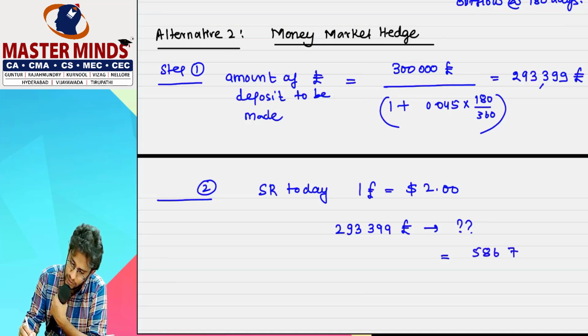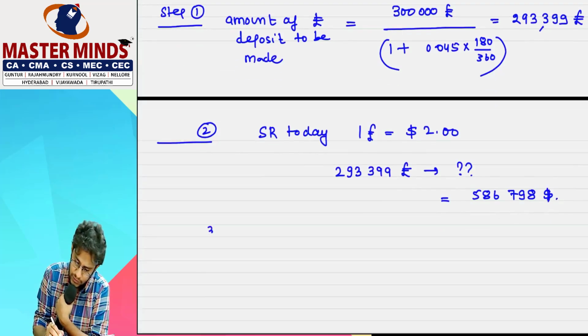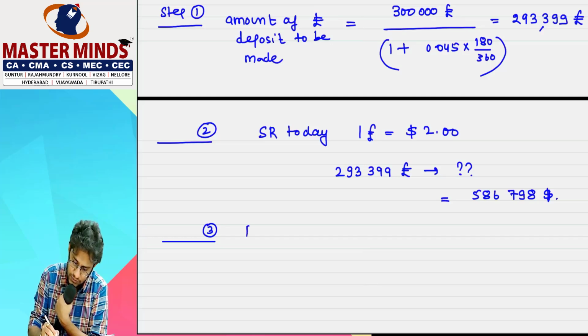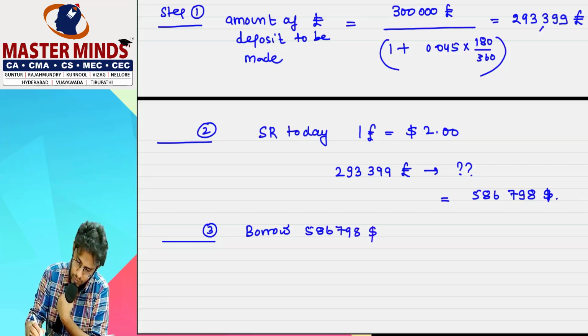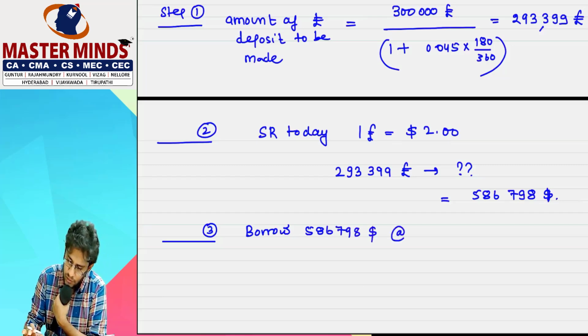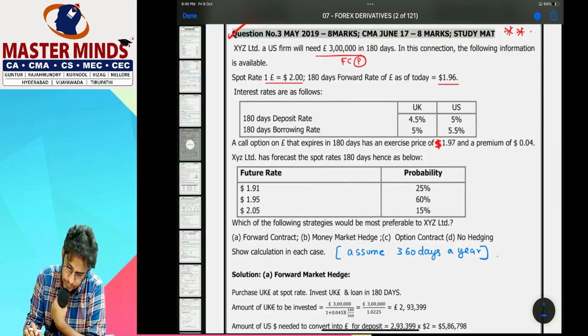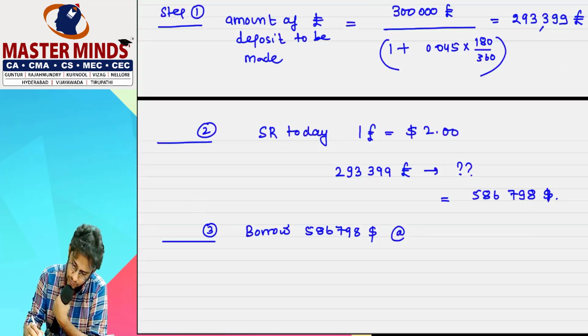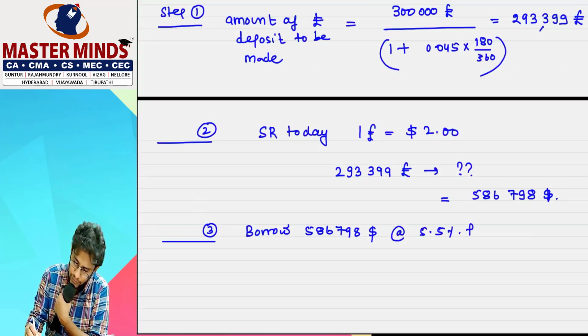It's $6,798. This much amount of dollars you need. So you will not have it, you will borrow this. US borrowing rate 5.5% per annum for 180 days.